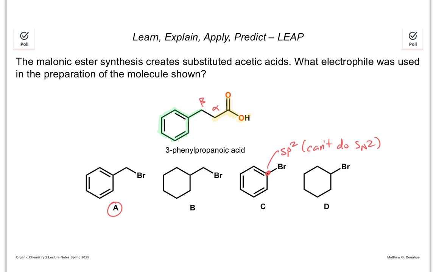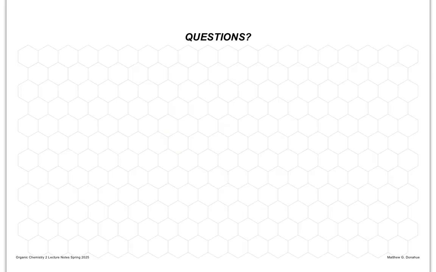It's beyond what we'll learn in here, but with other things in the reaction, you could still make that bond. For example, a palladium catalyst could form that bond. You just can't do it under the conditions listed. Questions?